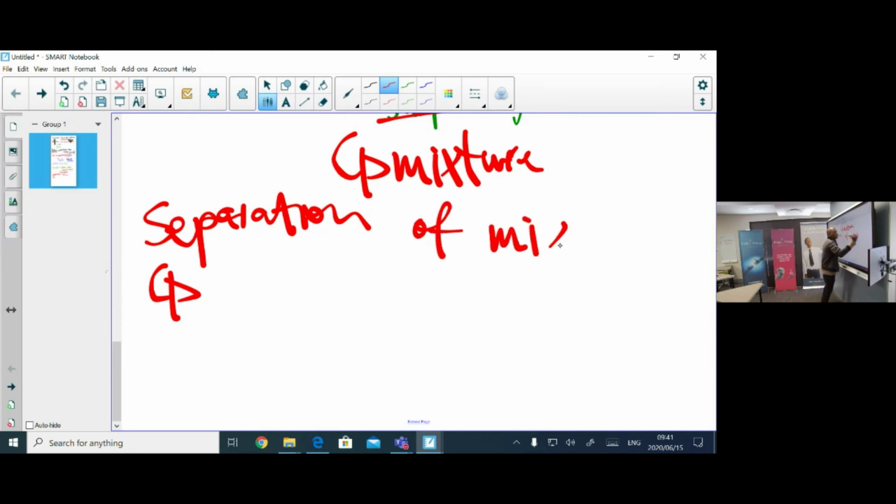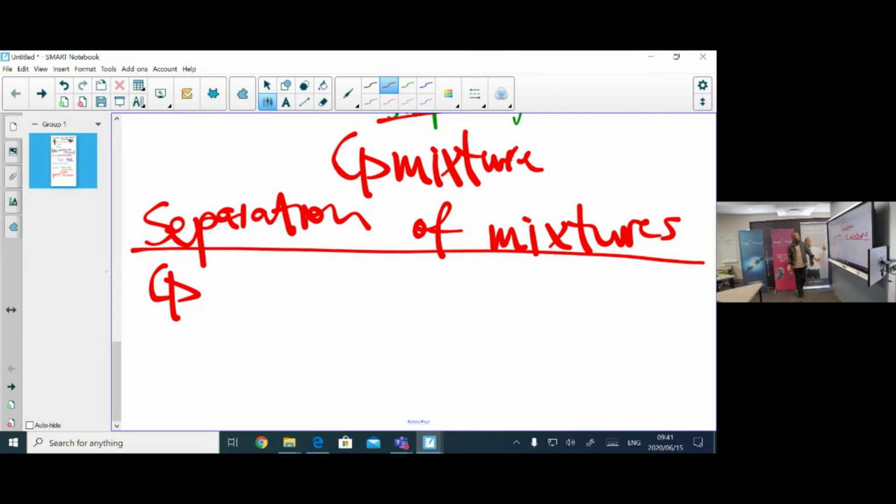Now that we know how we can mix substances together, we can mix solids and solids, gases and gases, gases and solids, liquids and gases, however mixture we can think of. Now that we can mix separate substances together, how can we now take a mixture and break it apart into its constituents or into its components? We're going to be looking at those separation of mixtures.